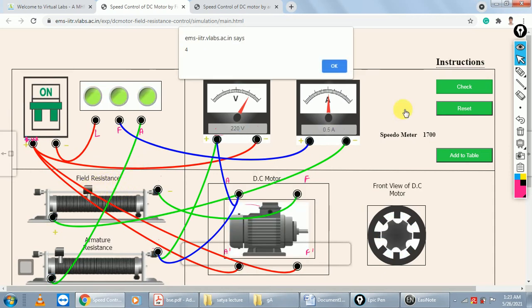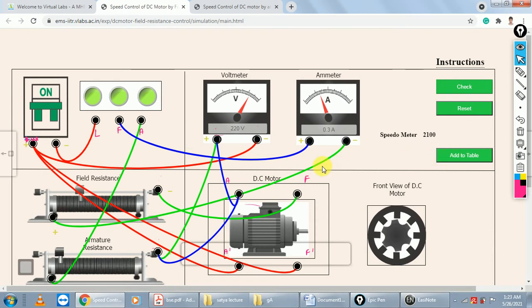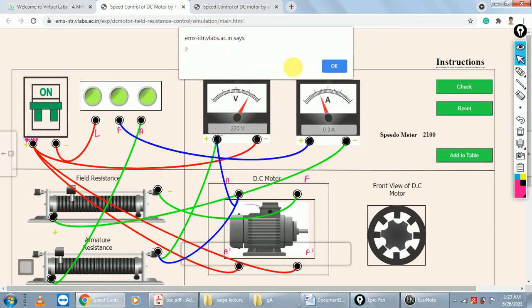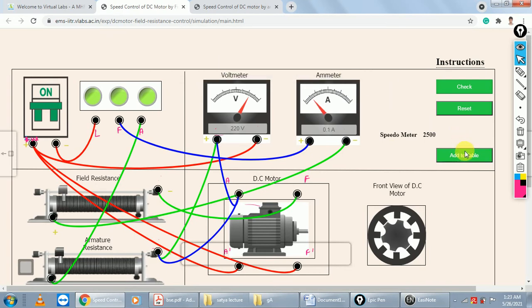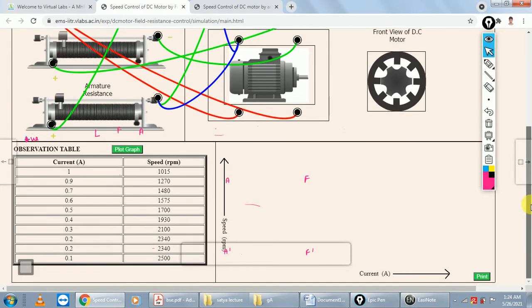Okay, take the next reading. Add to table. Okay, add to table. So check the table value.